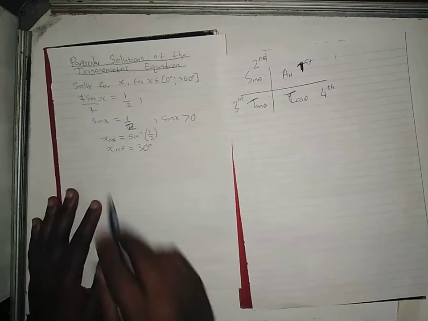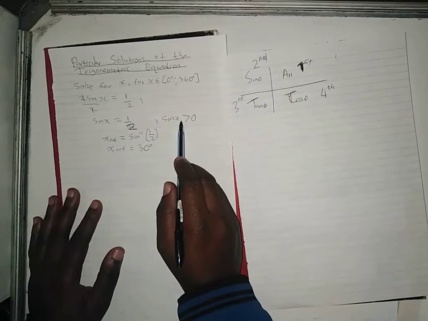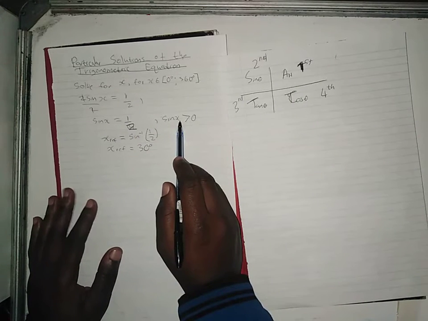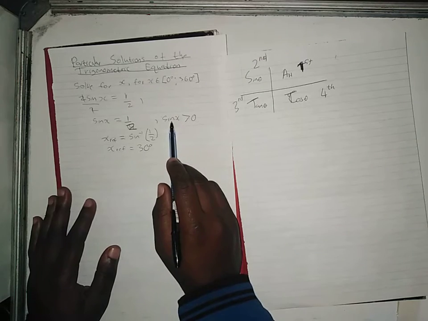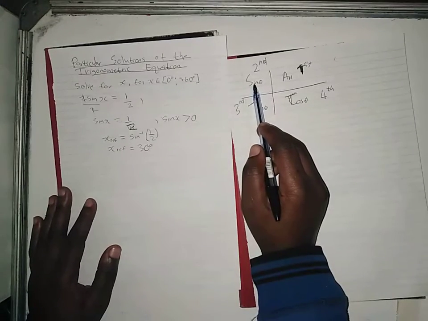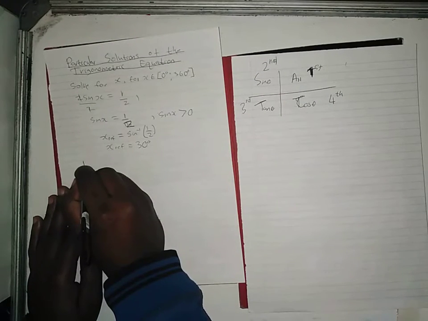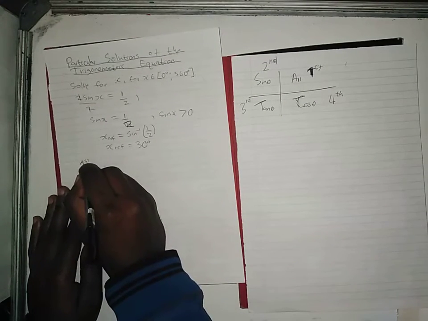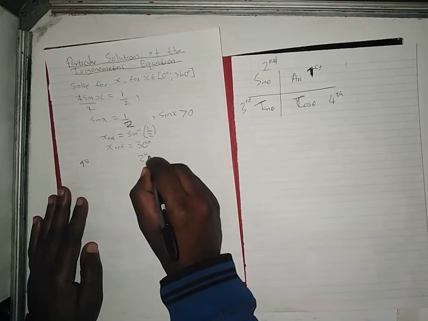So when you look at this, it is positive. The question is, in which quadrant is it positive? Sine theta is positive in the second quadrant and the first quadrant.